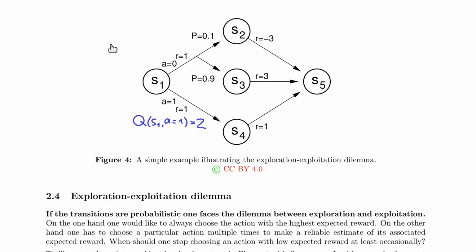Then the system, if you just average over this and don't worry about the details of this leaky summation, then we would get a Q of S1 and A equals 0 of, well, if you go this way, we have a reward of -2. If we go this way, we have a reward of +4.